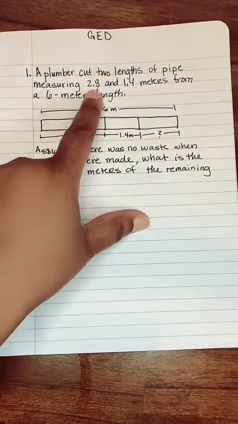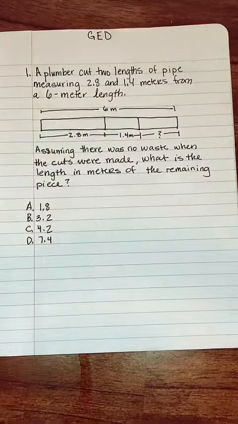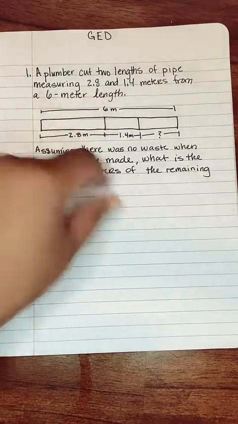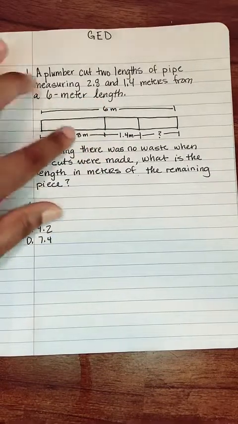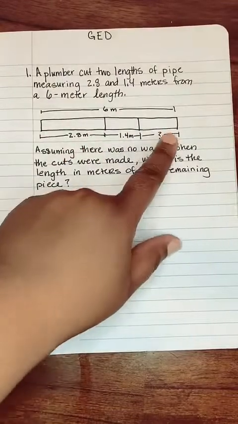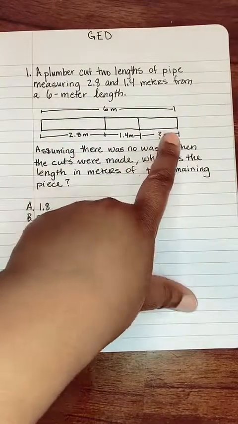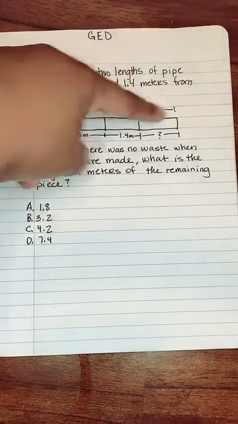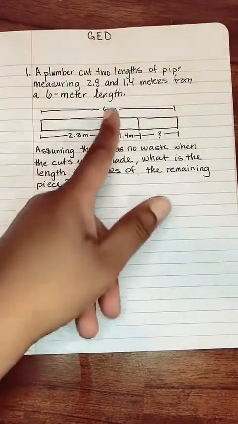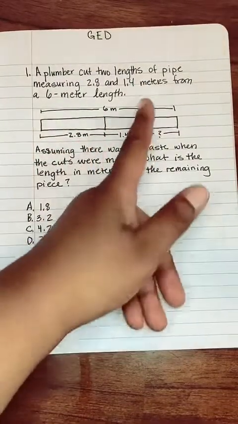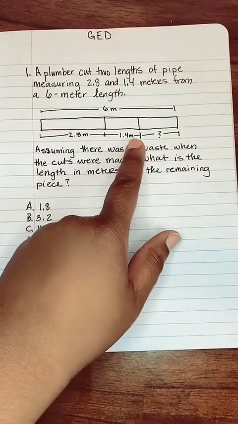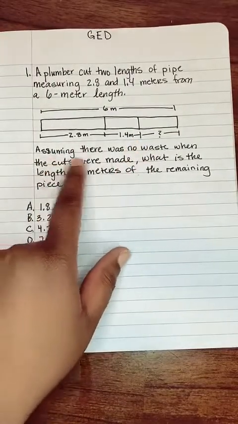Sorry for my bad drawing, but this is a pipe, 6 meters long, okay? We got a cut right here at 2.8 and a cut right here at 1.4 meters. Assuming there was no waste when the cuts were made, what is the length in meters of the remaining piece?